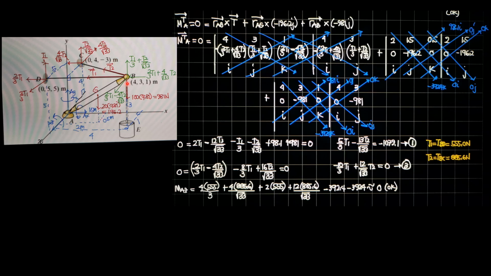The moment of these two tensile forces about A by vector approach is, we have RAB, because these two tension forces act at B, so RAB cross the resultant of the tensions T1 and T2, then plus RAG cross this weight, which is negative 196.2 j, then RAB cross this weight, negative 981 j.